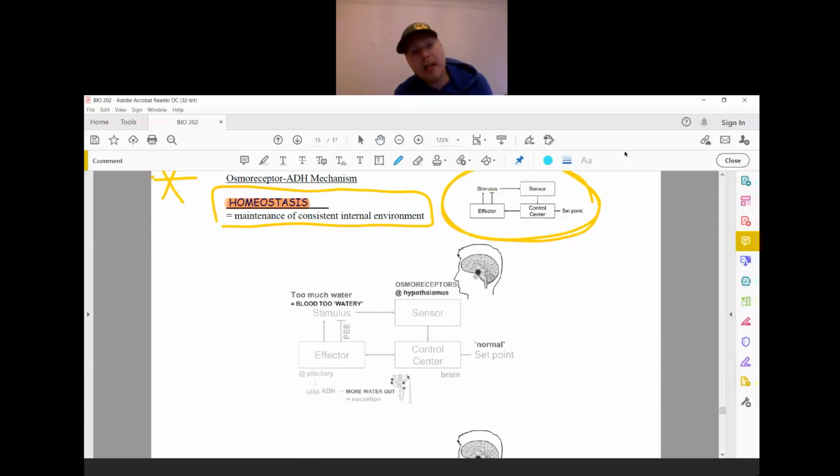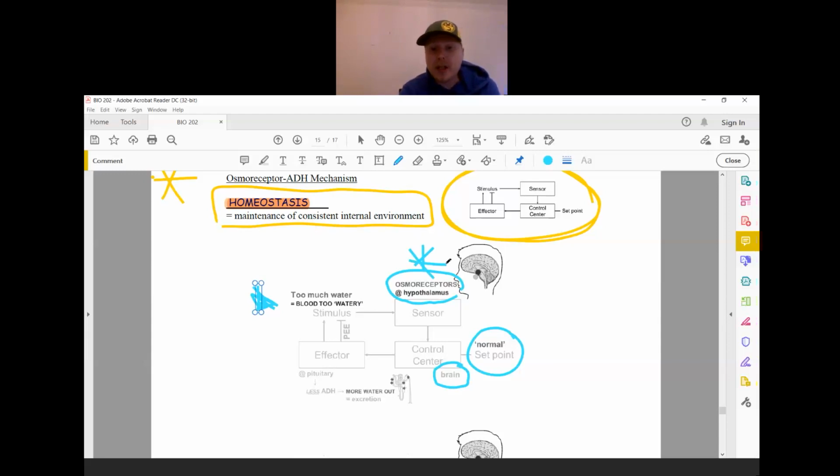Let's think of a situation where we have too much water in the body. We want to get rid of some of the water. What could we do? Our osmoreceptors at the hypothalamus serve as our sensors. They pass the message to the brain, where we have the set point, which is basically the normal amount of water content in the blood. If that is too much, like we are noticing here through the osmoreceptors compared to the normal values, well, now our pituitary gland will start secreting less ADH.